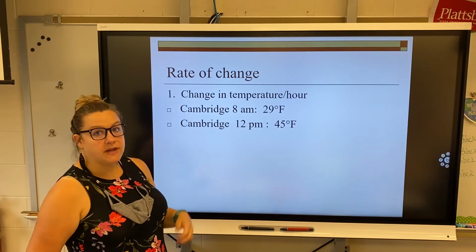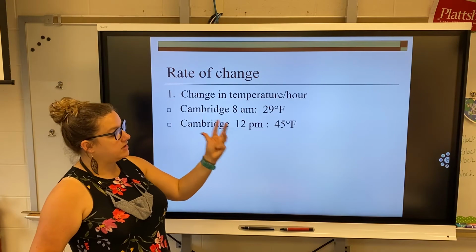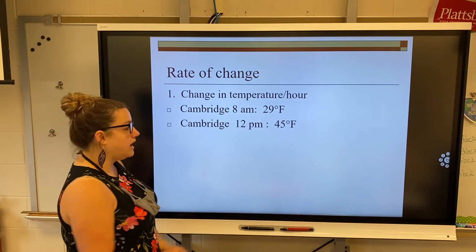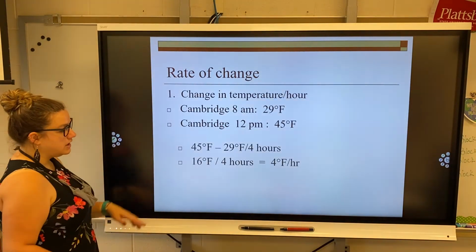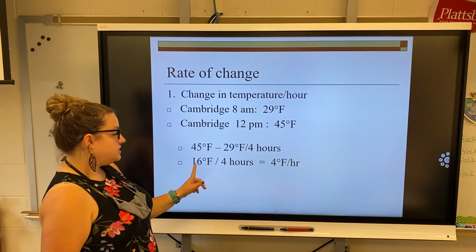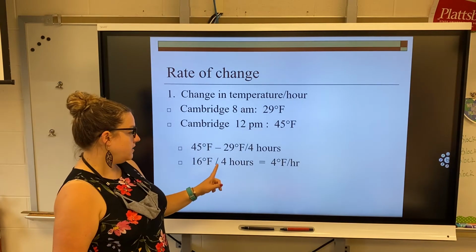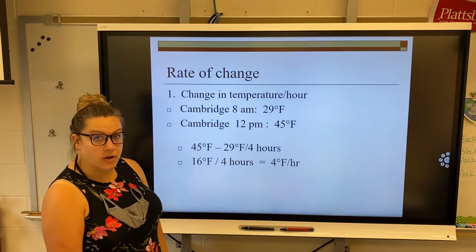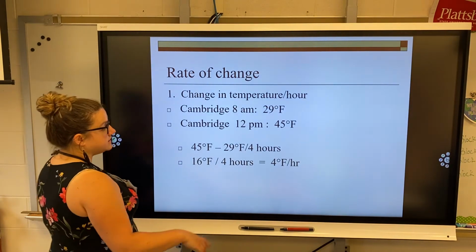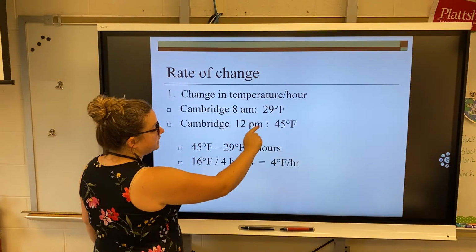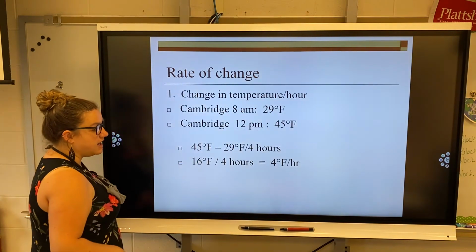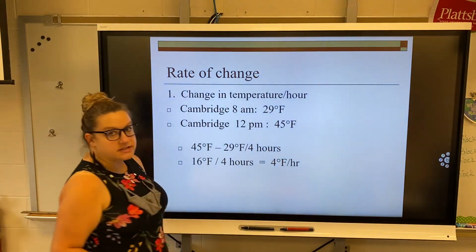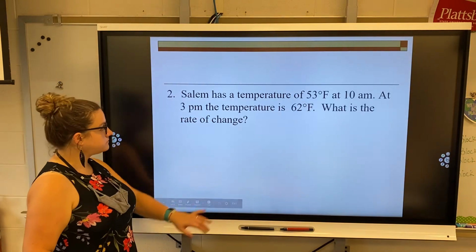Well, 8 to noon, 8 to 9, 9 to 10, 10 to 11, 11 to 12. So over 4 hours it changed 16 degrees Fahrenheit, so it was 4 degrees Fahrenheit per hour. Okay, all I did was I took the change in value, divided it by the change in time to figure out how many degrees it changed per hour.